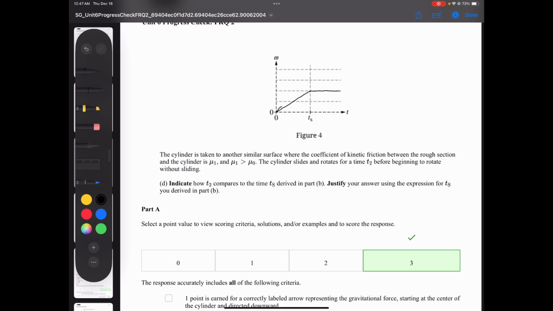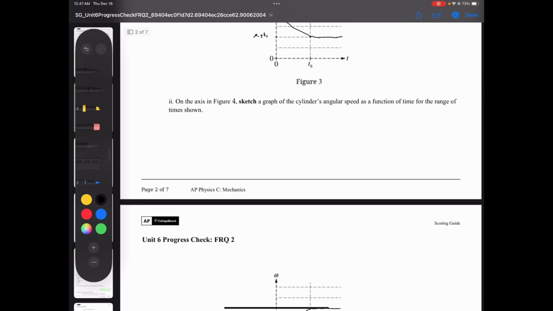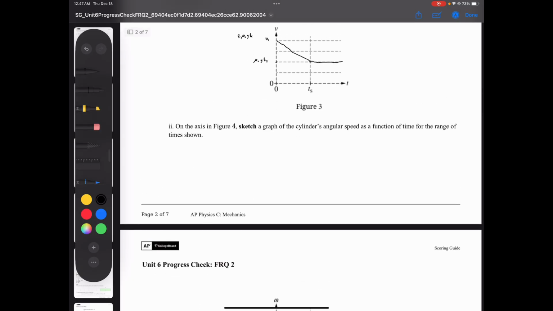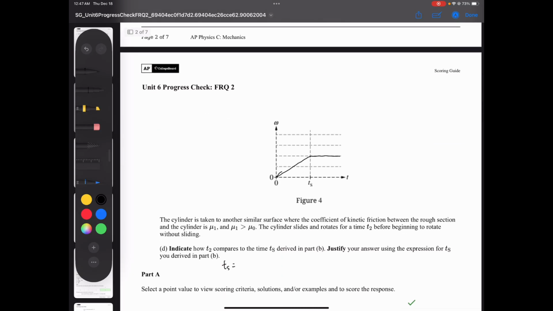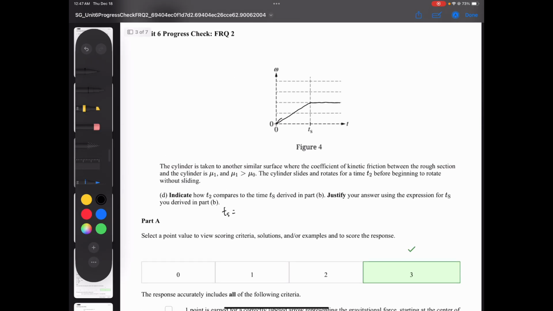And in terms of justifying it for my expression for Ts, notice mu naught is in a denominator. So Ts is equal to V naught over 2 times mu naught times g.